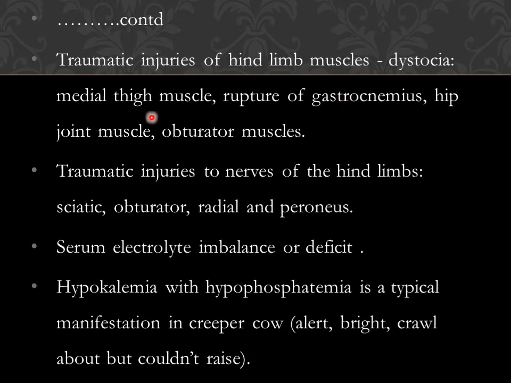If there is injury to the muscle, then there is lack of energy to the muscle, and the animal is unable to get up. If there is injury or inflammation to the muscle, there is pain in the hind limb, and due to the pain also, the animal doesn't like to get up, and there is DCS.